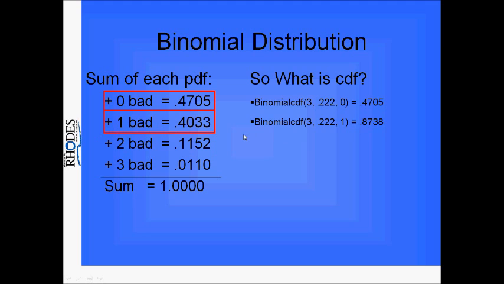And just like when we put in a 2 here for binomial CDF, it adds up these three numbers to get 98.9%. And then you add the third in. As we mentioned earlier, it should add up to 1 because it adds up all the probabilities, and you can see it adds up to 1.